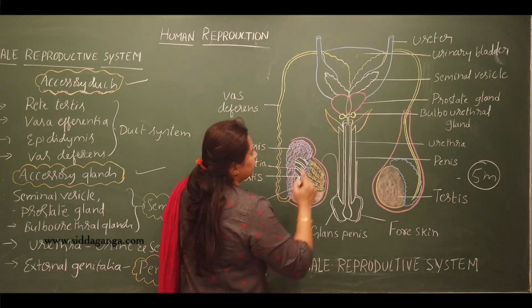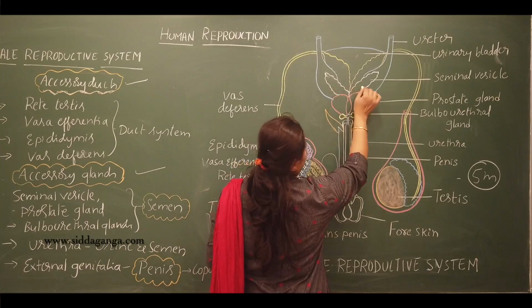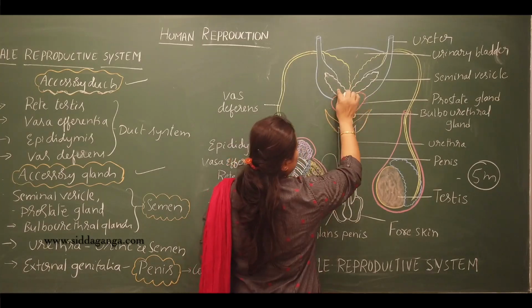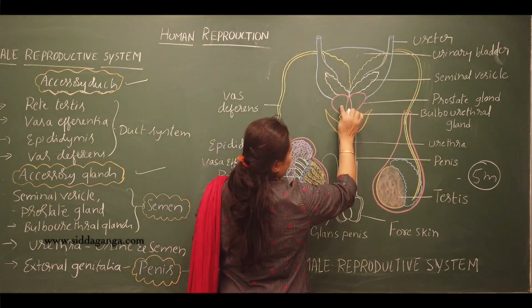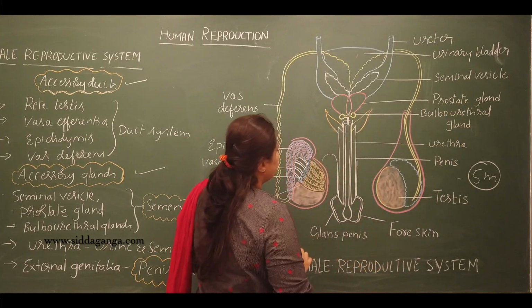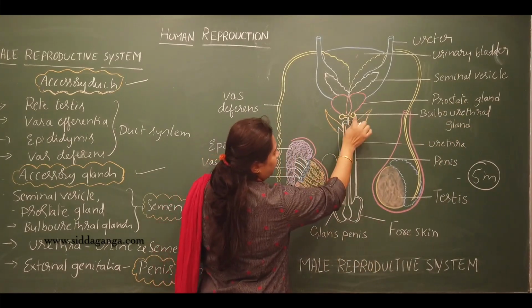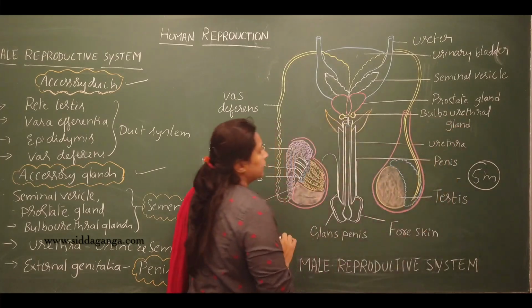The accessory glands include a pair of seminal vesicles. These are the seminal vesicles, and a single gland called the prostate gland, and a pair of Cowper's glands. Cowper's glands are also called what? The bulbourethral glands.